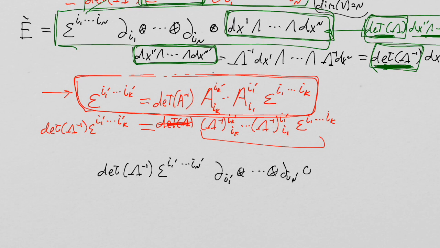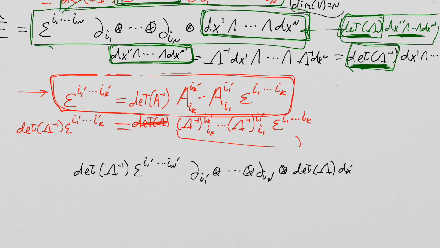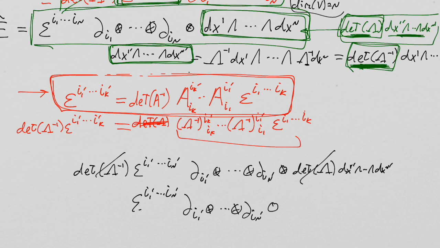And then the last part is the determinant of the covariant matrix times dx1 prime wedge dxn prime. And this cancels with this, and you're left with just epsilon I1 prime IN prime di1 prime din prime times dx. I should do better with my d's.